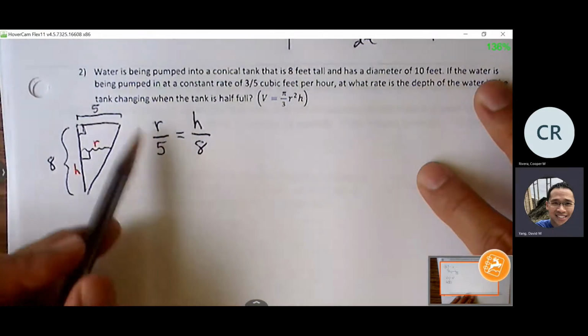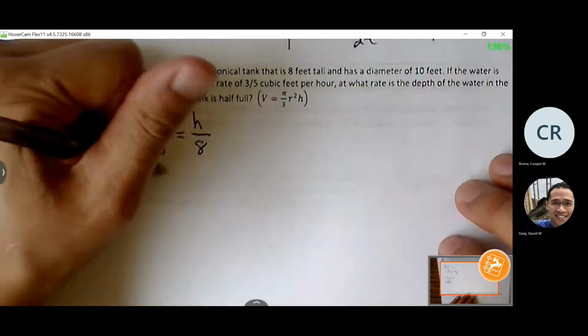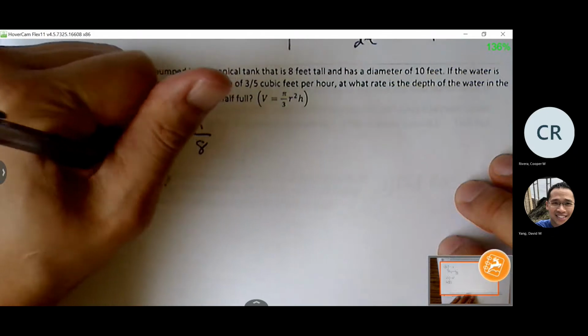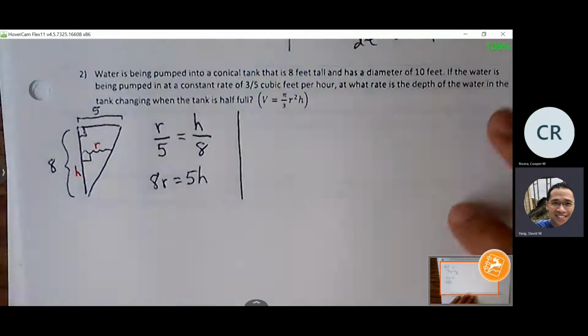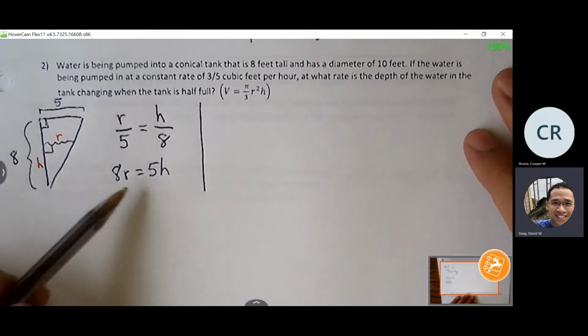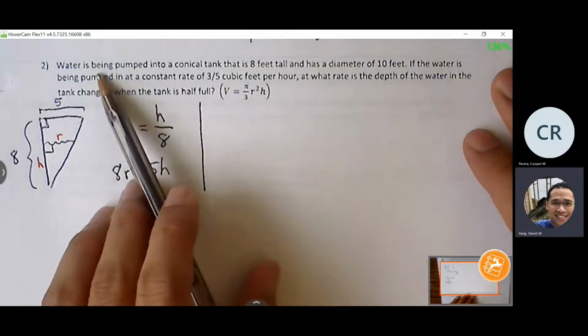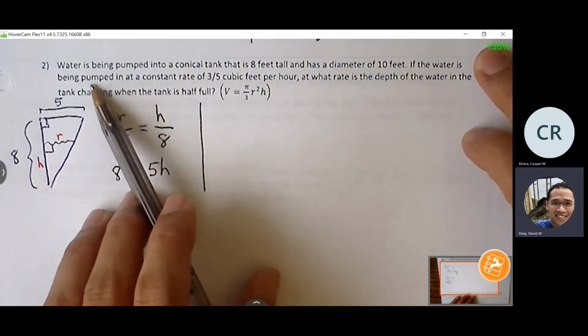Okay, so cross multiply. We can come back to this because we don't know exactly which variable to solve for. We hope to gather some more information here.